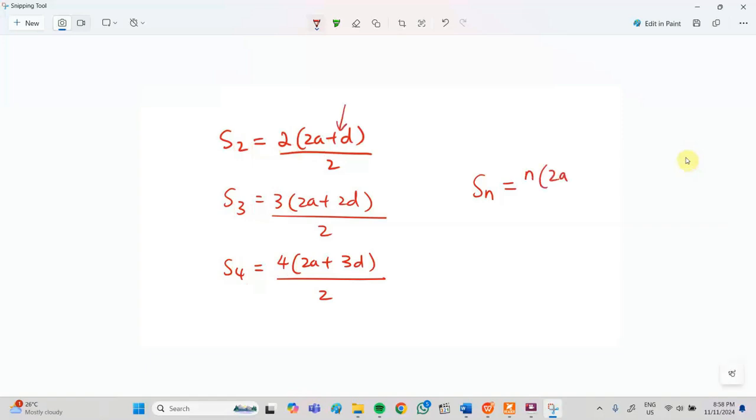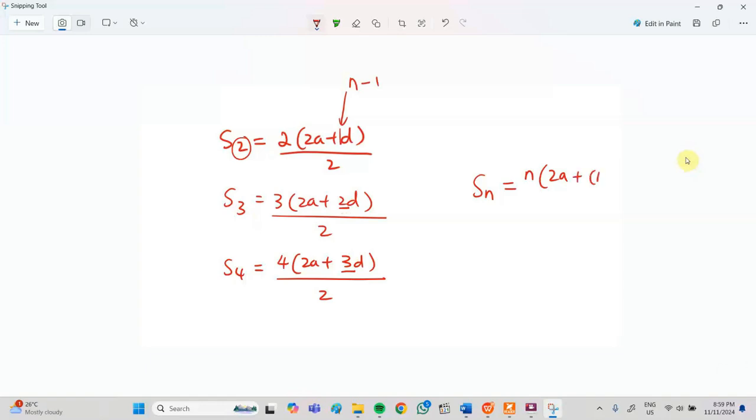And from here, you can see that the coefficient of d is 1. The coefficient of d is 2. The coefficient of d is 3. Whenever you have running numbers, we always replace the running numbers with n. But this n value here is 1 less than the n here. Okay, 2 is 1 less than 3. 3 is 1 less than 4. Hence, this is replaced by n minus 1.